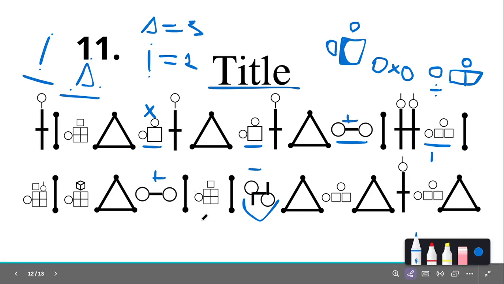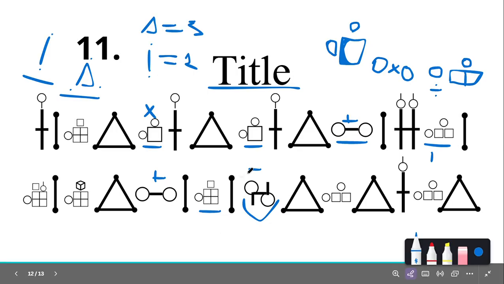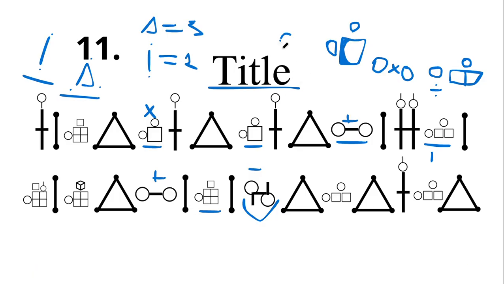Now for this symbol here, what is this symbol? You get a circle and then a bunch of squares. So this is a square, and then it is not divided. It was not supposed to be divided, but this is the division because it is divided.